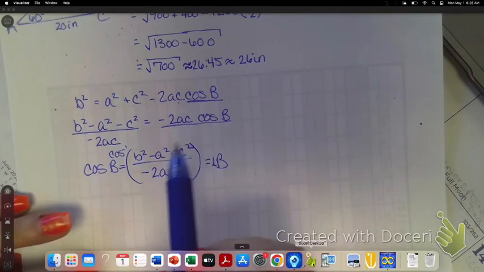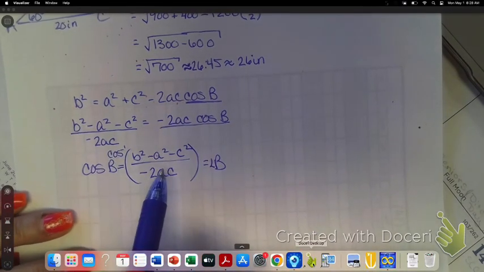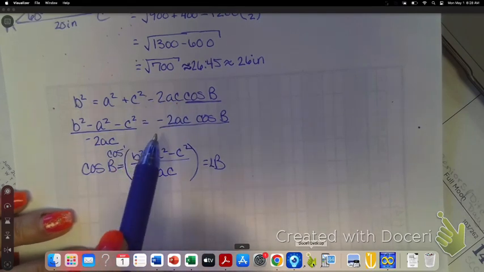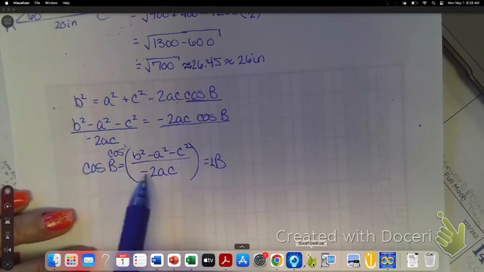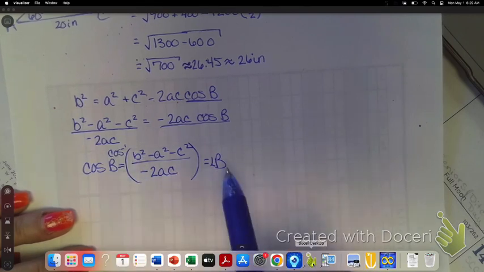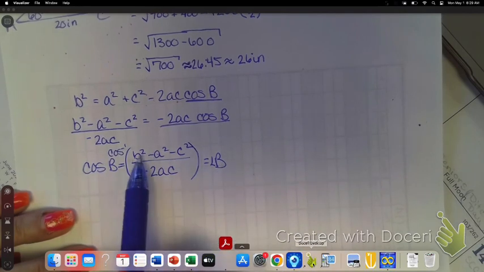Now, think about it. How am I going to break this down? Because I'm not going to solve it every time, are you? No, I know you aren't. So if I'm finding angle B, what goes here? B. Yes?